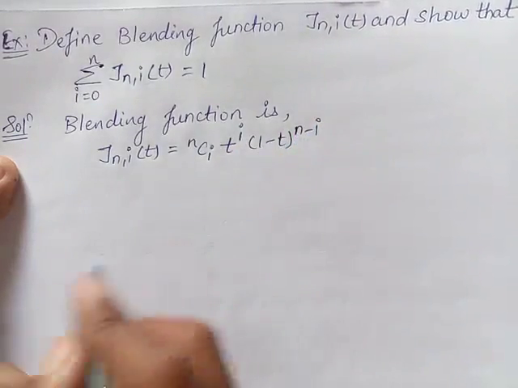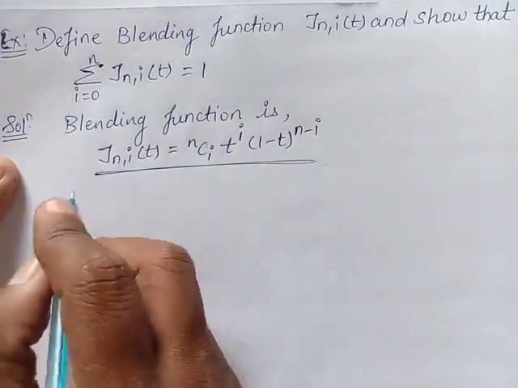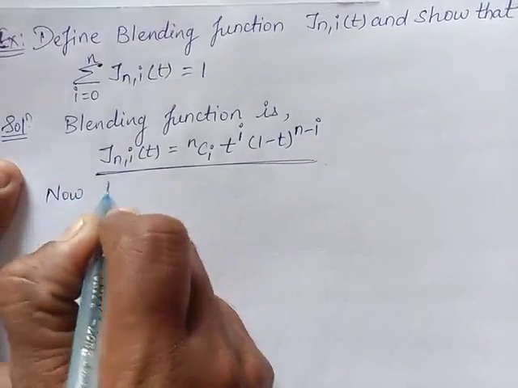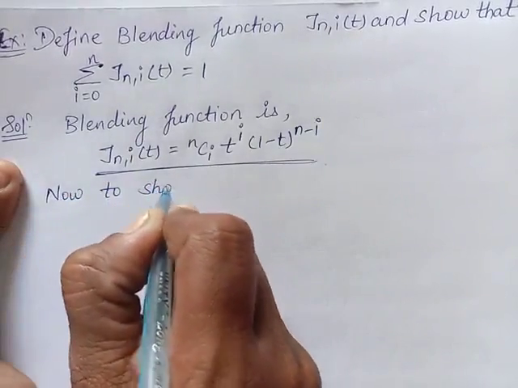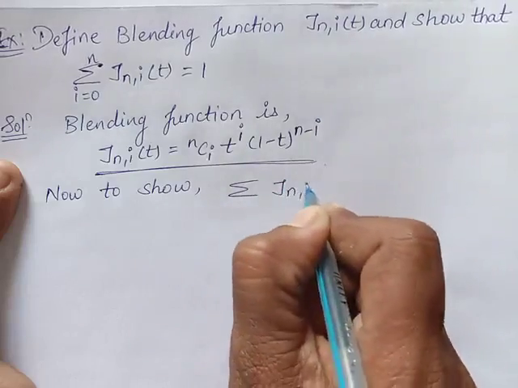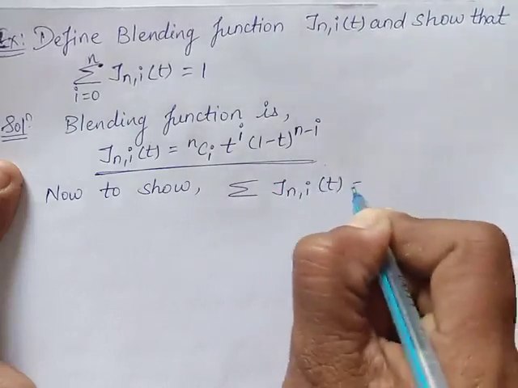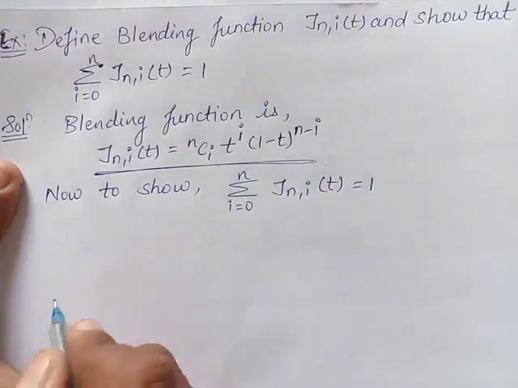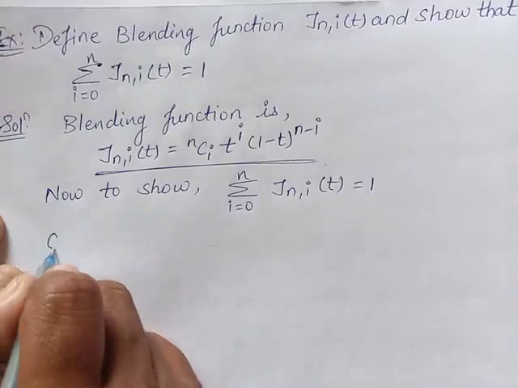This is our blending function, right? Now to show summation Jni of t is what? 1. I goes from 0 to n. We have to show this.